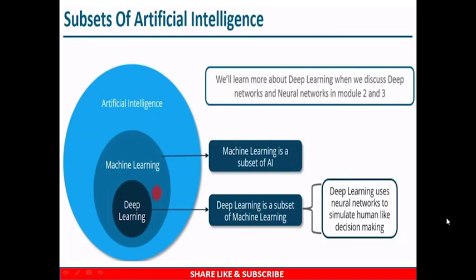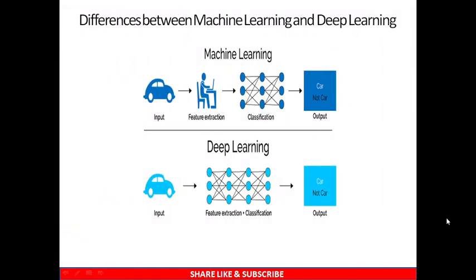Here we'll learn more about deep learning when we discuss deep networks and neural networks. Machine learning is a subset of artificial intelligence, and deep learning is a subset of machine learning. So it is going deeper and deeper. In deep learning, what we do is neural networks. The neural network has neurons.